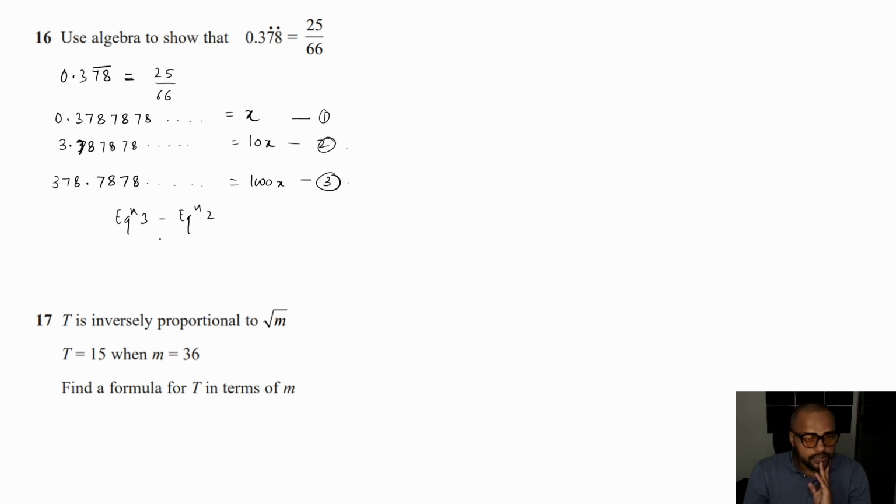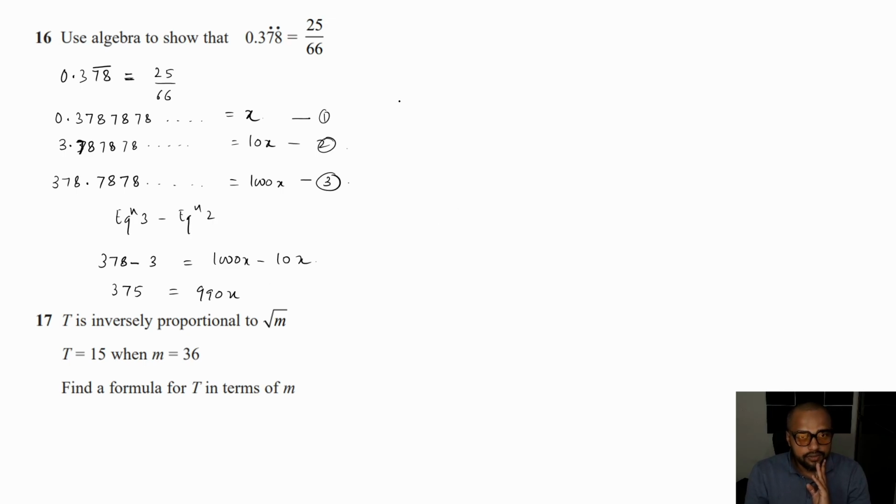On the left hand side it will be 378 minus 3, and on the right hand side 1000x minus 10x, that will be 990x. Here it will be 375 equals 990x.